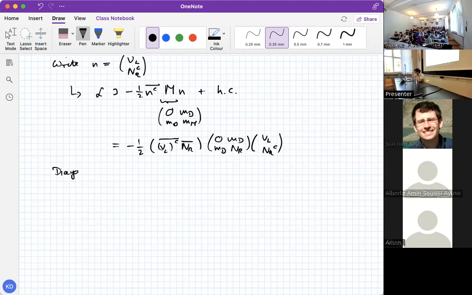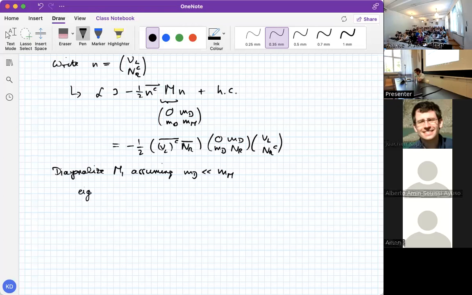So diagonalize M, and based on the arguments I've given before, we are now going to assume that M_D is much less than M_M in doing this diagonalization approximately. So remember, we assumed that the Dirac mass M_D is of order the electroweak scale, whereas M_M is many, many orders of magnitude larger.